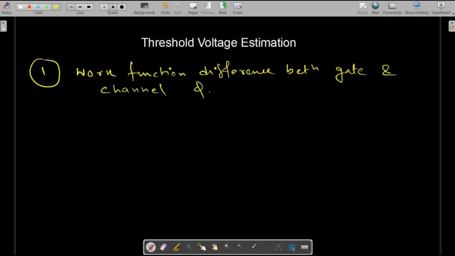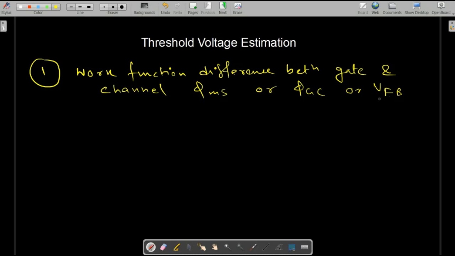That is phi ms or phi gc, or also we can say it is equal to the flat band voltage VFB. So the first thing is that you have to apply some voltage at the gate terminal to make the energy band diagram flat.